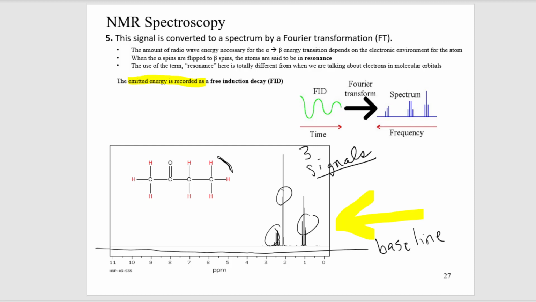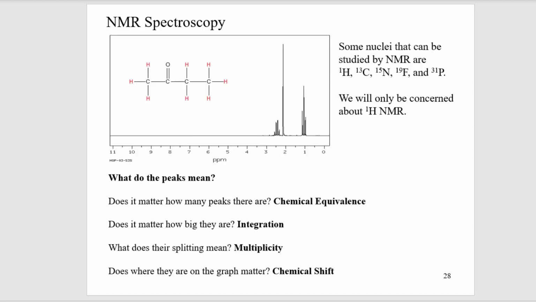We're going to learn a little bit on how to decipher this very packed bit of information. What do we read from an NMR spectrum? Well, as I mentioned, we're probing the H1 protons. And I just want you to note that you can do a carbon-13 NMR, an N15 NMR, an F19, or a P31.